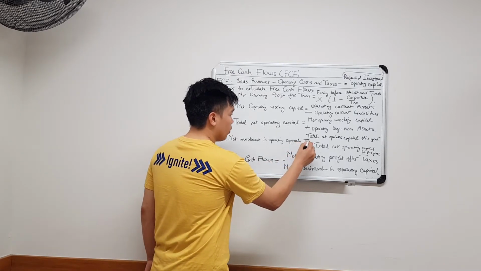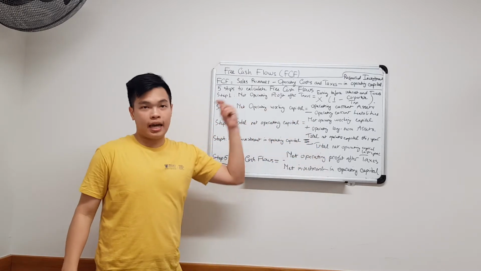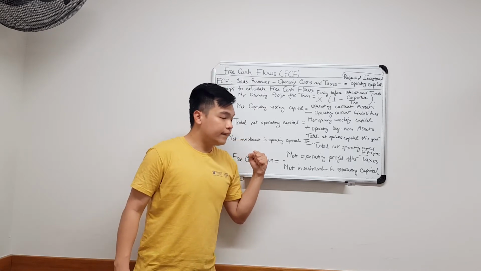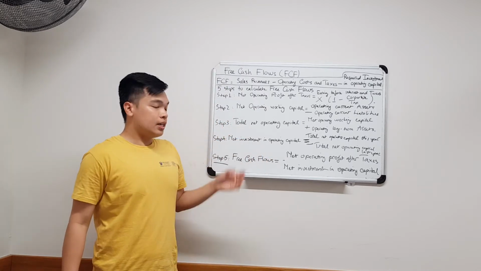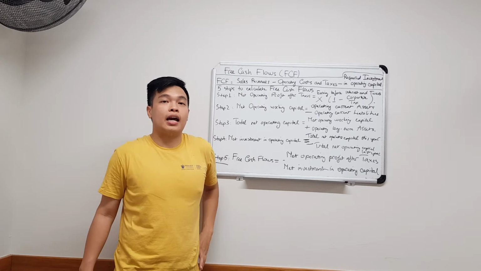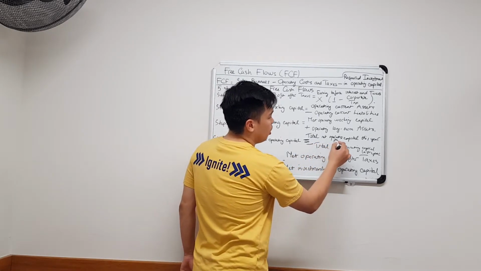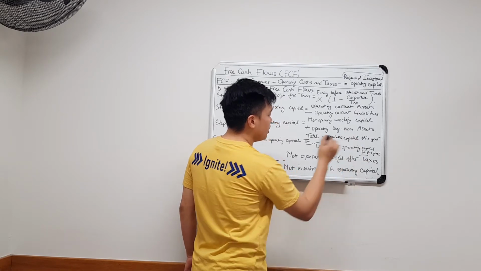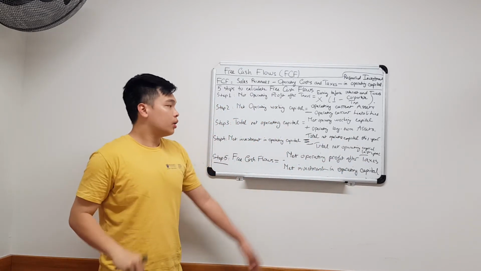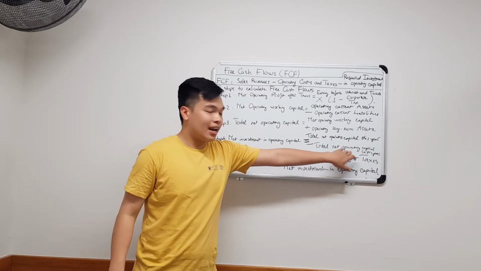Then we can calculate the net investment in operating capital, equal to total net operating capital this year minus total net operating capital last year.